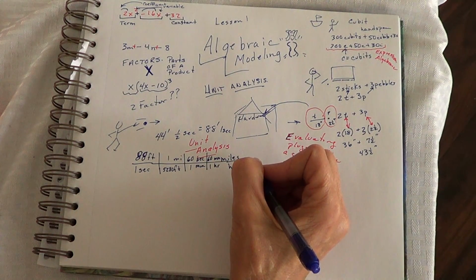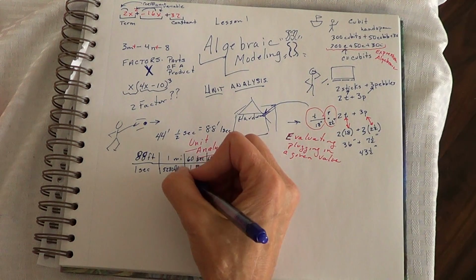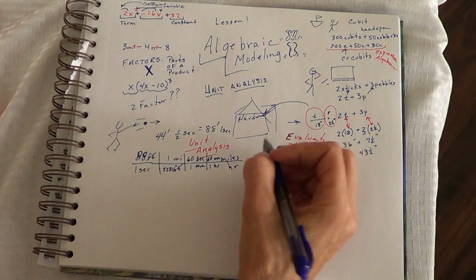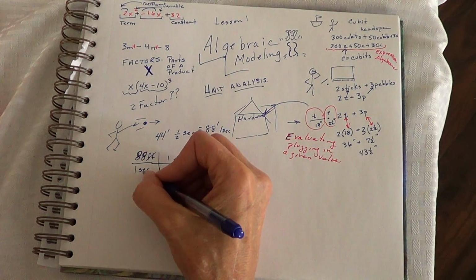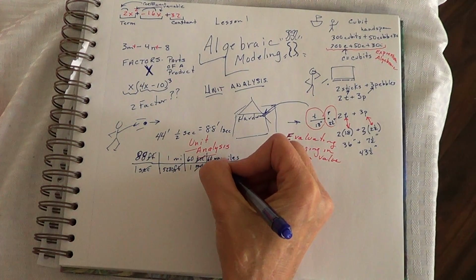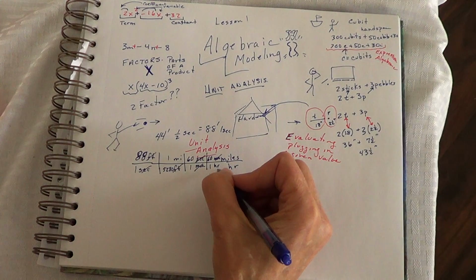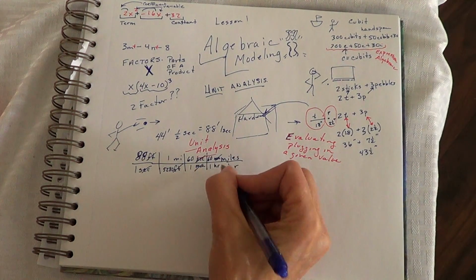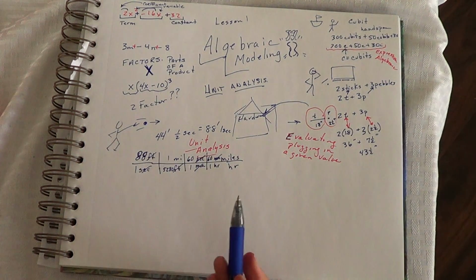So our units line up, feet cancel. Our second cancels with that second. Our minutes cancel with that minute. And we end up with hours on the bottom, miles on the top.